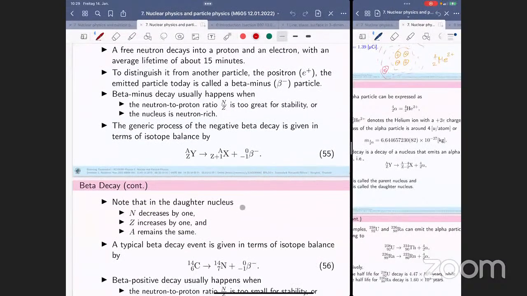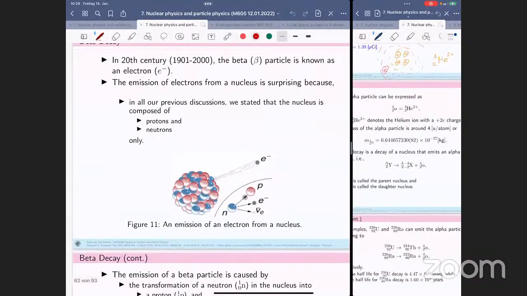Note that in the daughter nucleus, which is X, while this is the parent nucleus, N decreases by 1, of course. N has to be reduced by 1 because the neutron transforms itself into a proton.